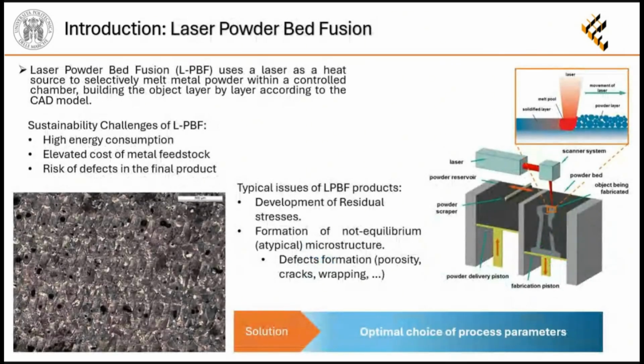The production of this alloy uses LPBF technology, which uses a focused laser to build an object layer by layer. The sustainability challenges of LPBF technology are the high energy consumption, the elevated cost of feedstock, and the risk of defects.